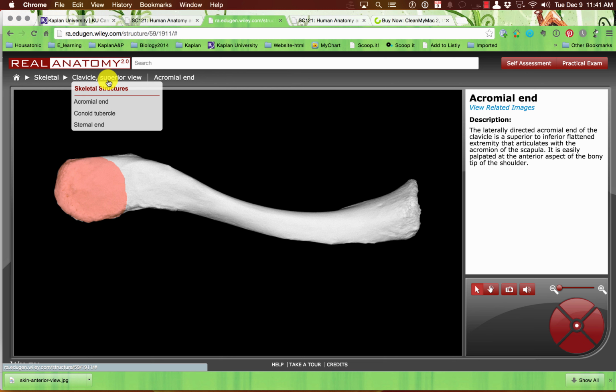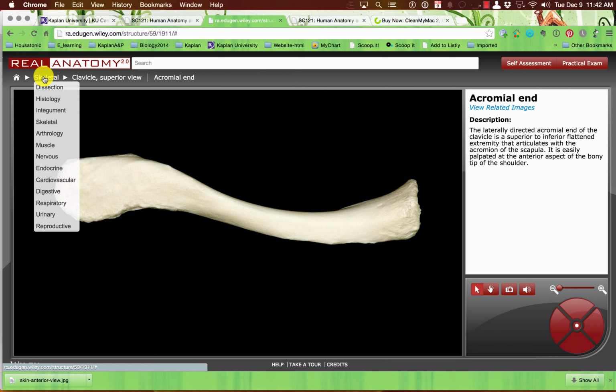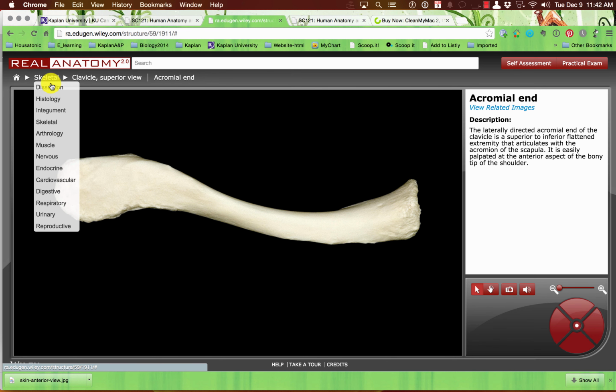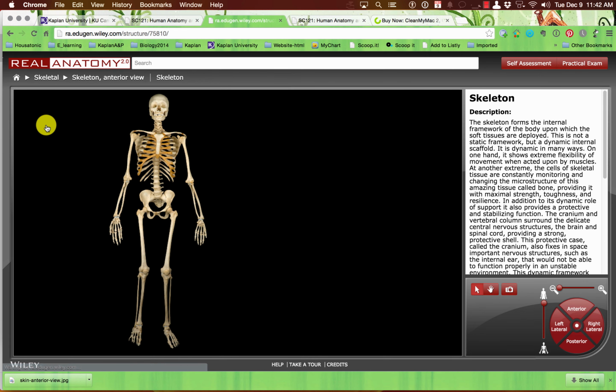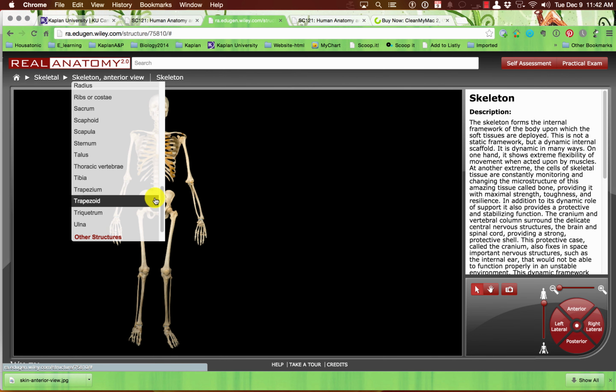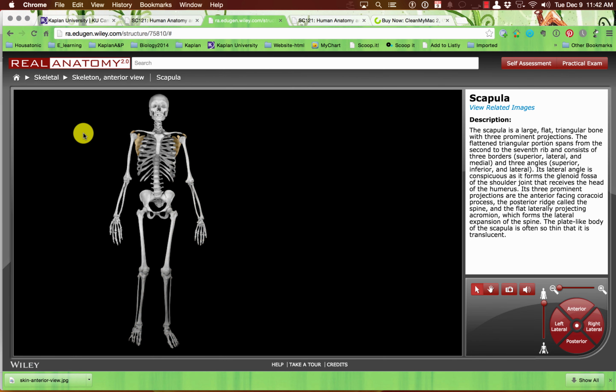Let's go back. Go to skeletal. Okay, now I was looking at the scapula. So let's find it. Here we are, scapula.